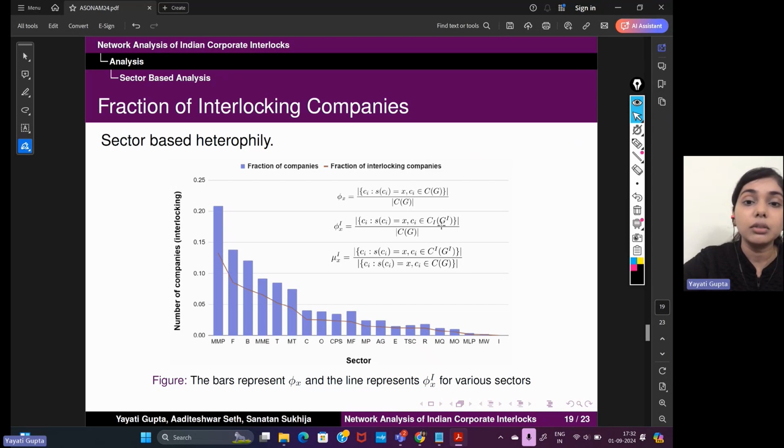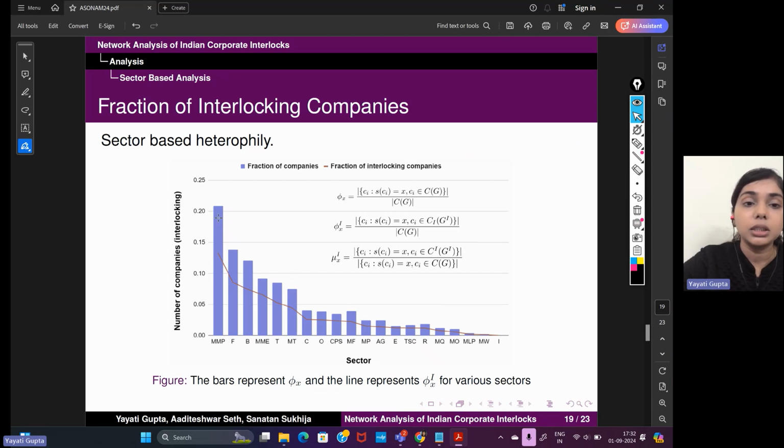So to capture this further, we define these three metrics in this plot. Phi of X is the fraction of companies for the given sector X. Phi I of X is the fraction of companies which are interlocking for the given sector X. And mu I of X is the degree of interlocking, which is a division of the first two metrics.